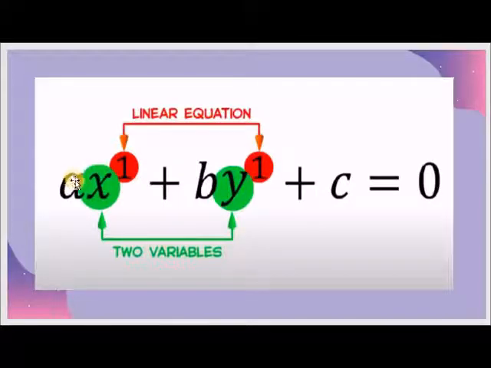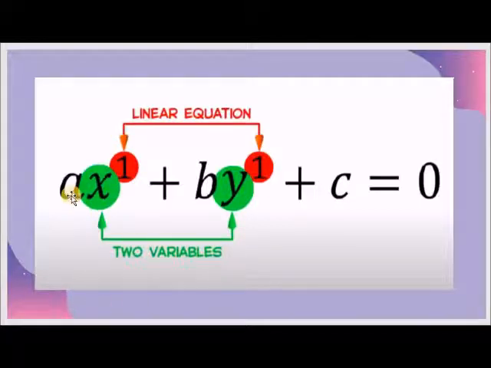The standard form of the linear equation in two variables is ax plus by plus c is equal to 0, where we used to say it linear equation. Why? Because the degree of x and y here is 1, and here we are having two variables x and y. That's why we call it a linear equation in two variables.